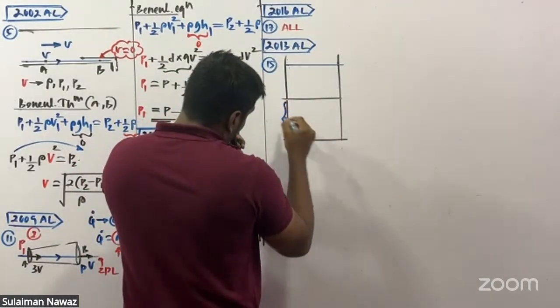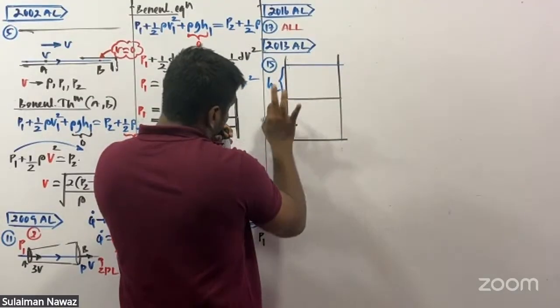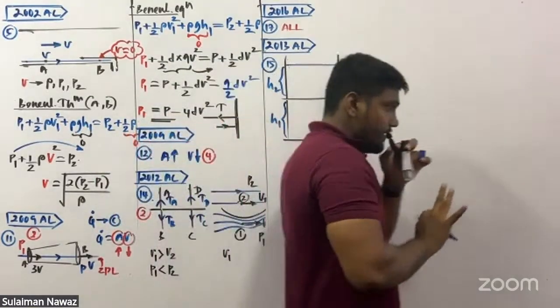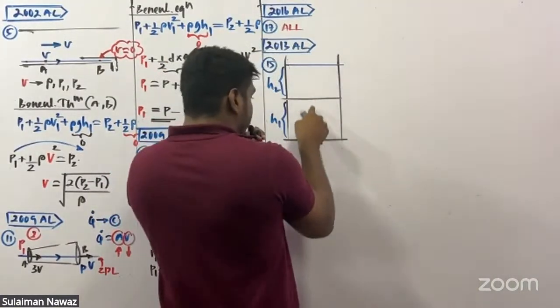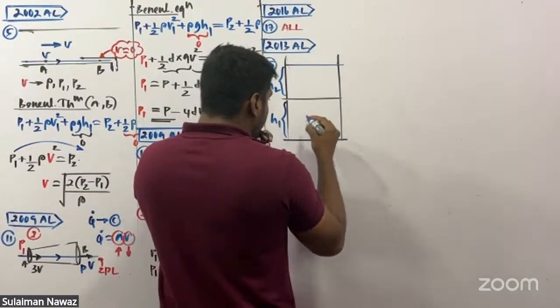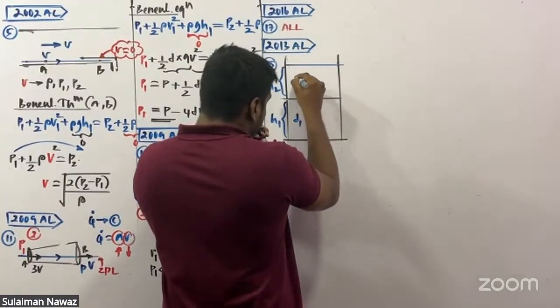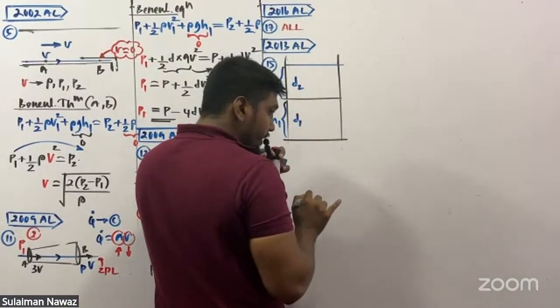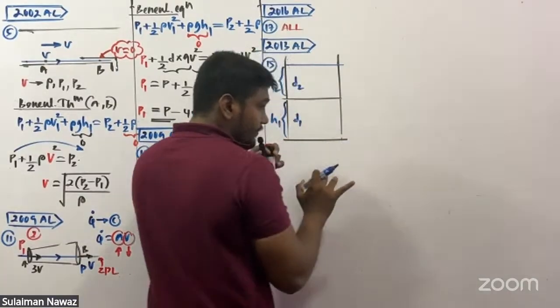This is going to be H2. Then we understand that there are two immiscible liquids. They do not mix with each other. That's why we call them immiscible. This liquid density is D1. This liquid density is D2. And there's a small hole at the bottom.